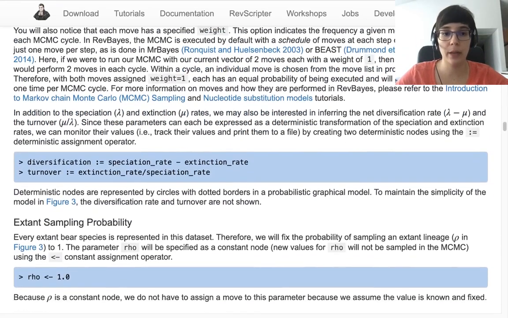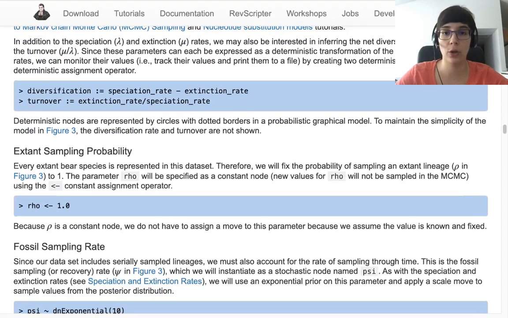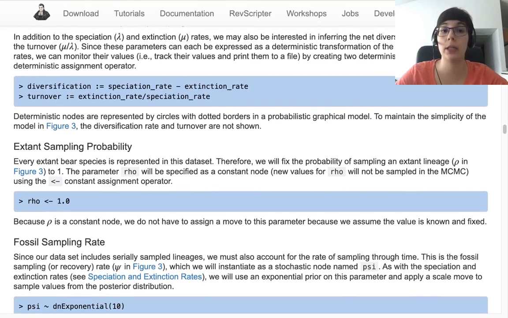Now there is an alternate parameterization of the FBD process that instead of the speciation and extinction rates uses the diversification rate and the turnover. So these are also parameters we may be interested in, so we can define them in order to be able to log them and then estimate their values.